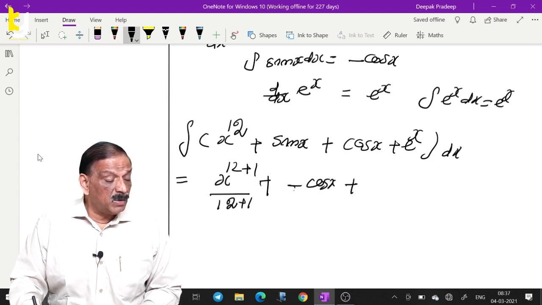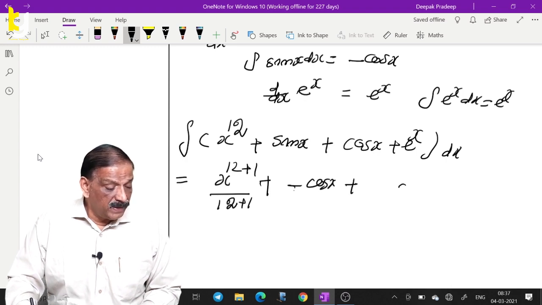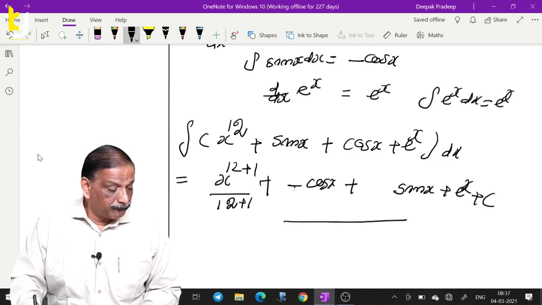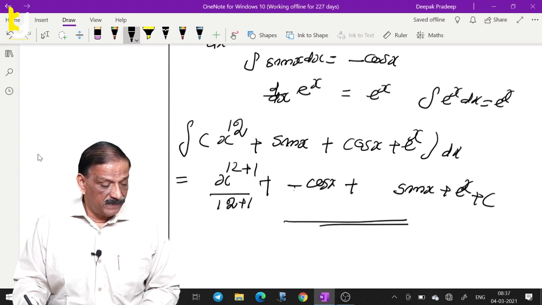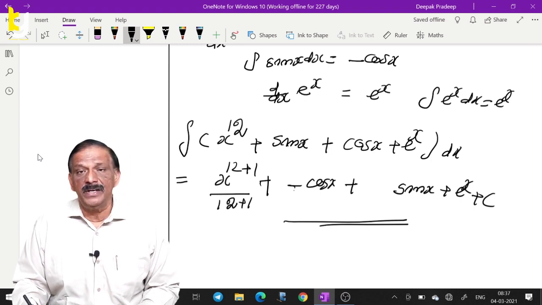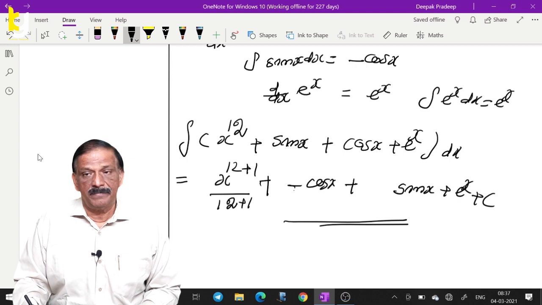Plus integral e to the power of x is e to the power of x plus c. That is the answer.